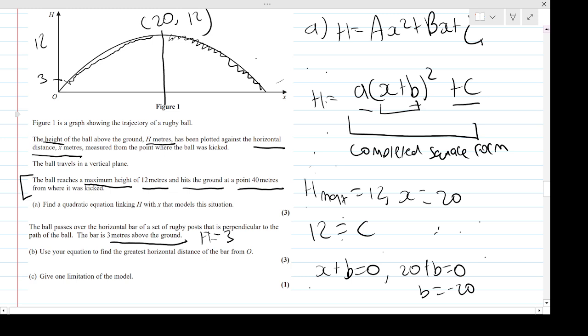For example, some parts of the air might be windier than others, so it will give more air resistance and so forth. So that will be a limitation, and therefore that would affect, for example, the maximum height. Because if there was more air resistance, more wind than we expect, and the model might not expect there to be any air resistance, that would actually mean the ball travels less high up, right, than anticipated.